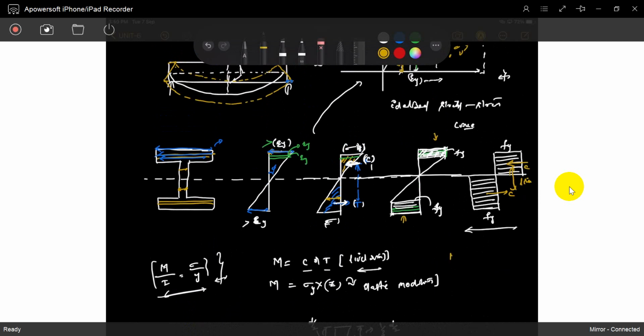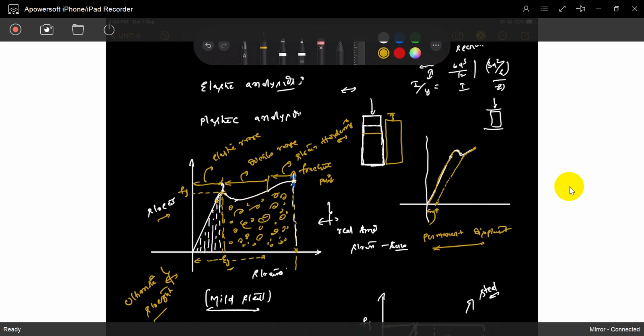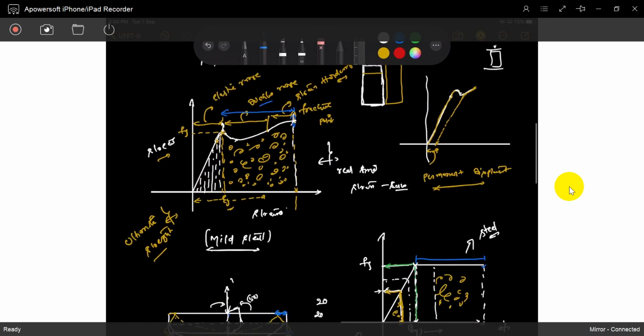The moment carrying capacity is C or T multiplied with the lever arm. That is the moment carrying capacity of plastic analysis. This is a plastic range. This total range, ductile range, strain hardening range, we consider as a plastic range.